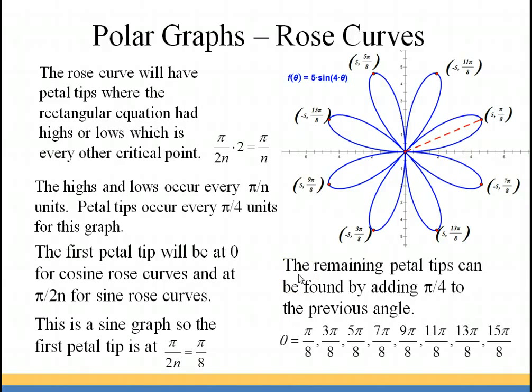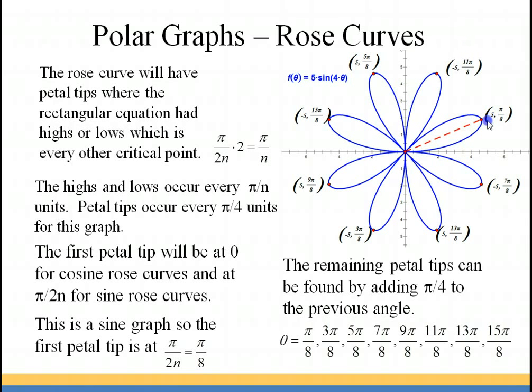And then what we want to do is add our pi over n, or in this case pi over 4, to that angle and find our next angle. So I did that here. I kept adding pi over 4 until I got, in this case, 8 angles, because I have 8 petals and 8 petal tips. Now notice that when I went to graph some of these, I have those negative R values, and actually every other one is going to be a negative R value.